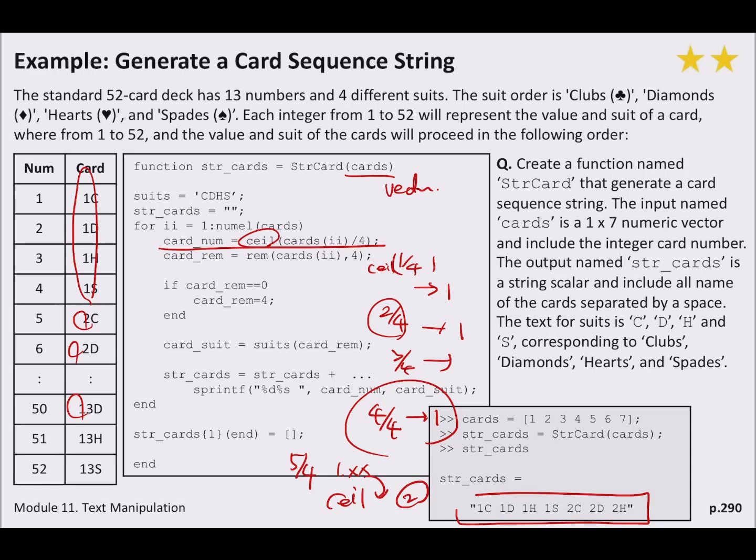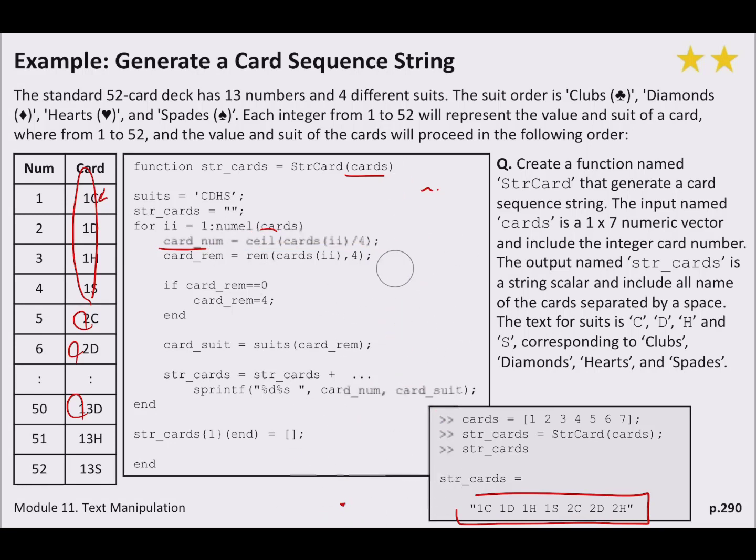How can we get the suit symbol? That's simple. You can get the remainder. Here, suit is a character vector, CDHS. Let's say the number is 1, the remainder is 1.